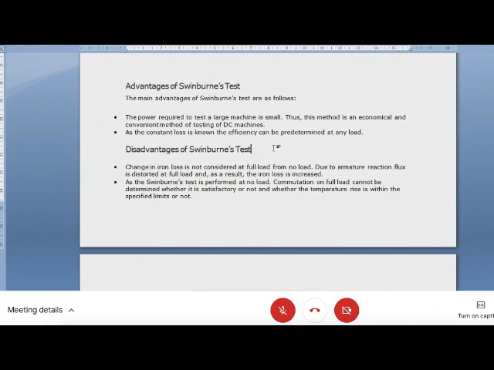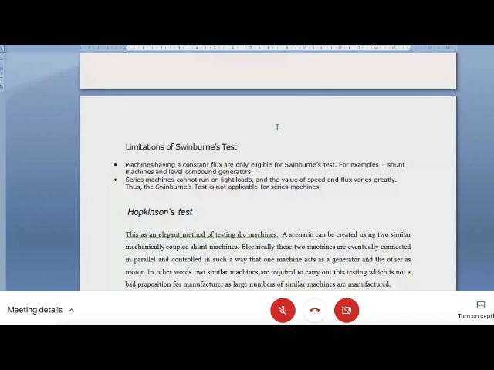Is it clear? Any doubt here? Okay. Any doubt?